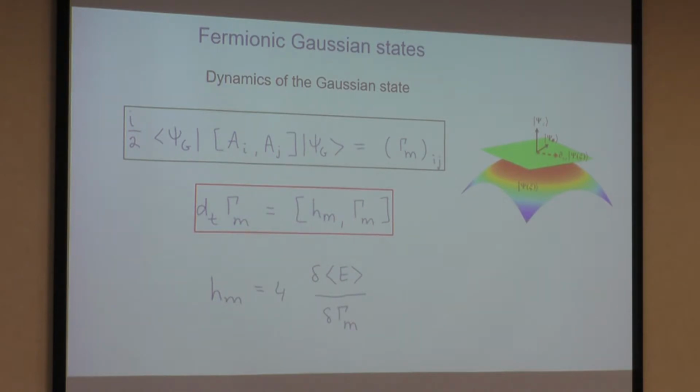And if we're looking at some non-equilibrium problem, say where the Hamiltonian is changing in time, or was suddenly changed in the case of a quench, we can write a differential equation on this covariance matrix, which will involve a commutator of the covariance matrix with some effective Hamiltonian. But this Hamiltonian for an interacting case is just the derivative of energy with respect to the covariance matrices, just like for bosons.